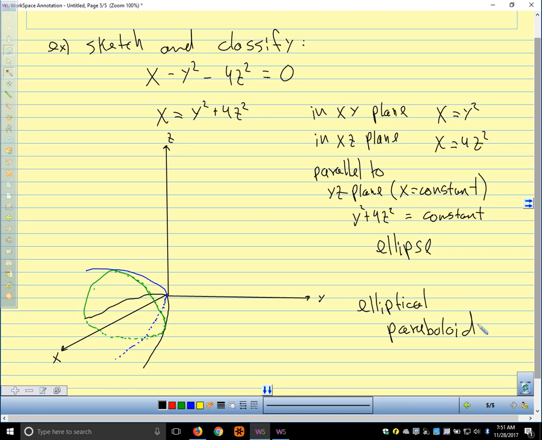And what the shape is, if we can visualize this, we have this parabolic shape that comes out of the screen, and it gets wider as we come out. So a small example of that would be the reflector of this flashlight. This would be a circular paraboloid.